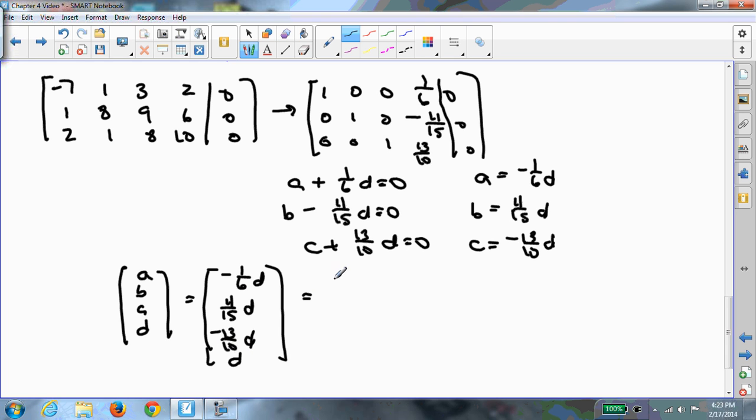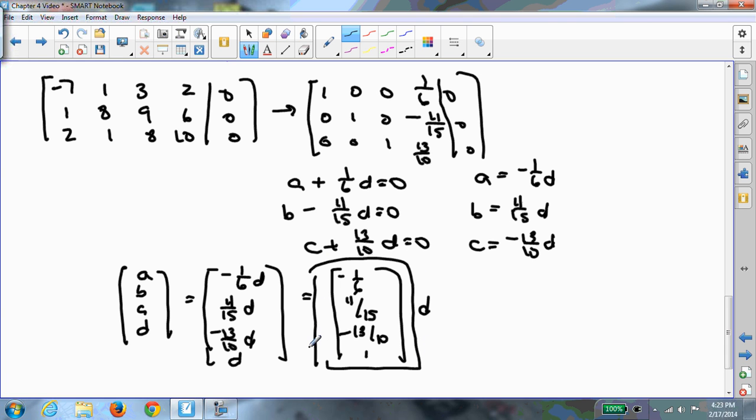And if I factor out the d, I'm looking at (-1/6, 11/15, -13/10, 1). So this is my answer. And any scalar multiple of that vector should also be orthogonal, so that's why there's d there, and hence that's why there are infinite solutions.